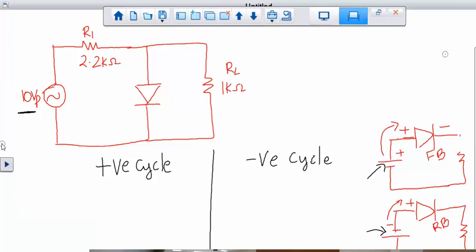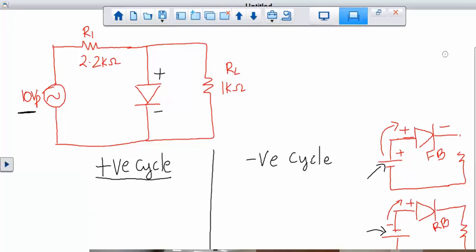Then you decide the orientation of the diode. So the orientation of the diode is, this is positive and that is negative. You need to realize that just by looking at the circuit. Which side is anode and cathode, that you need to know. That won't change. The given circuit will not change. All right. And then you find out forward or reverse bias. So now we are talking about the positive cycle.